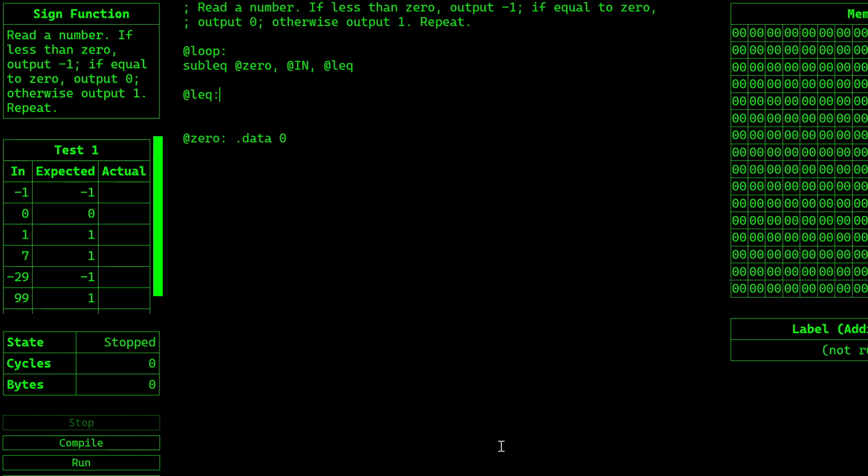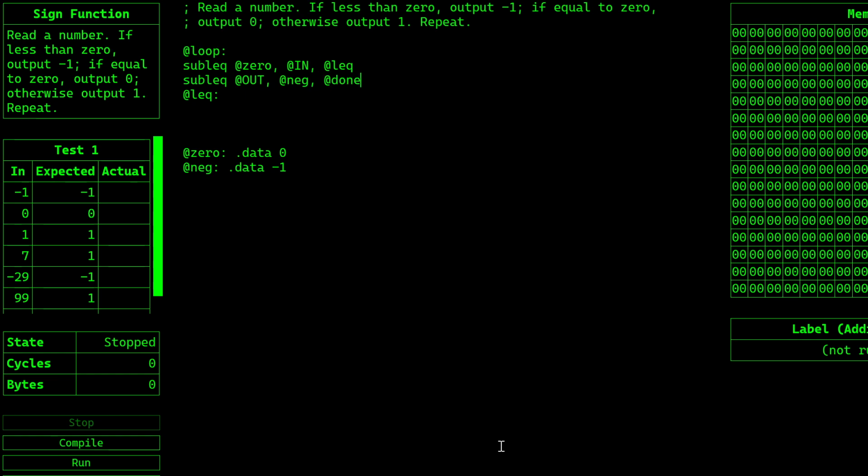I'll say at leak is some stuff, we'll write it later. If we didn't jump there, then it must have been greater than 0. So we can say subleak into the output from at neg, a -1. Now we're subtracting -1 from the output, which means we'll be writing a +1.